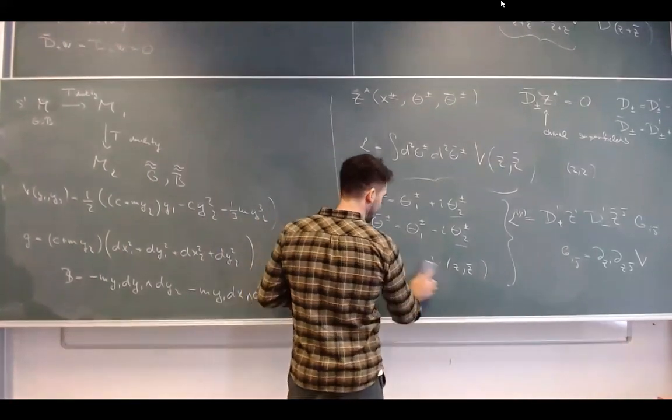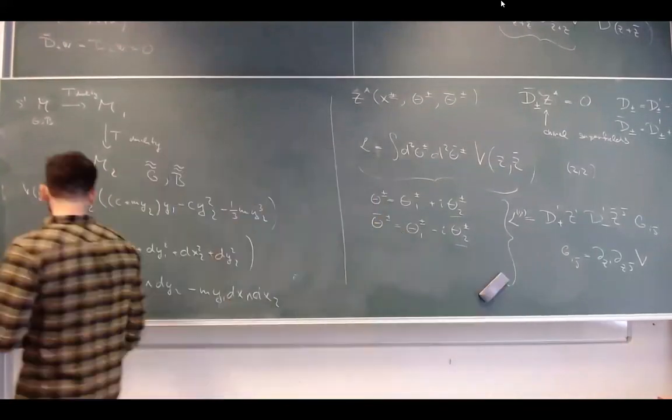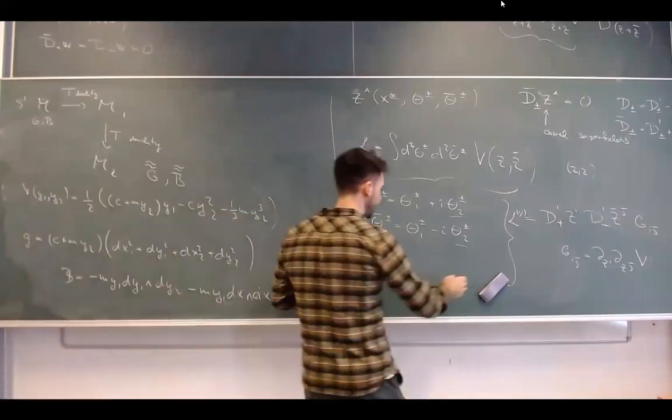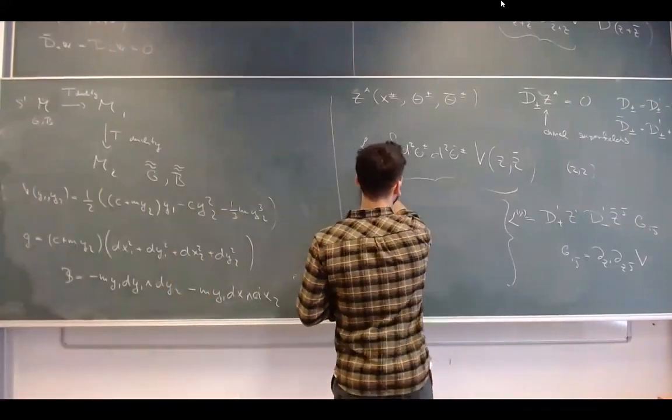But the thing is that since these are not periodic, and likewise the B, if you perform a monodromy under that, where the y are the torus directions, you end up with a different Kähler potential.